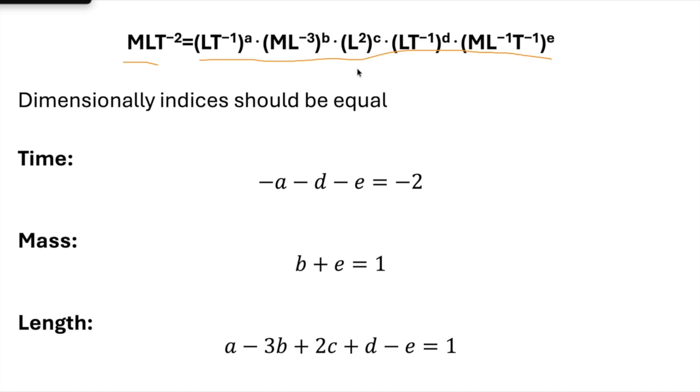For time, if the RHS equals the LHS, then the left hand side is minus 2. And then on the right, it is minus 1 into A, and there is no time dimension for the next term, and then we have minus D here, and another minus E.